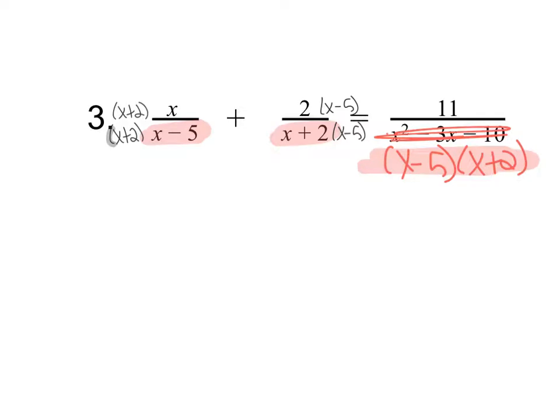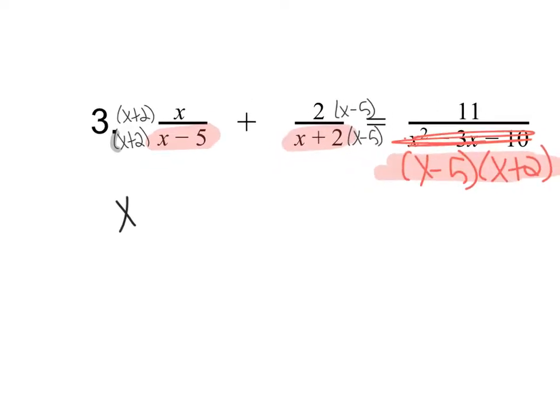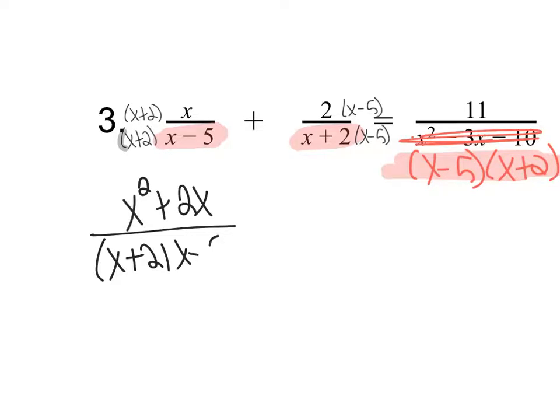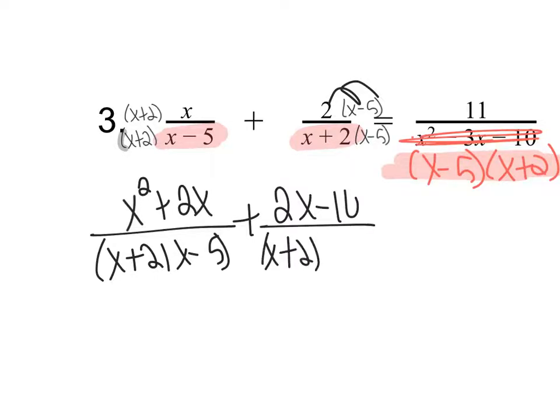So my first term, I'm going to have x squared plus 2x over x plus 2 times x minus 5, plus, and then I distribute here, I get 2x minus 10 over x plus 2 times x minus 5, equals 11 over x plus 2 times x minus 5.